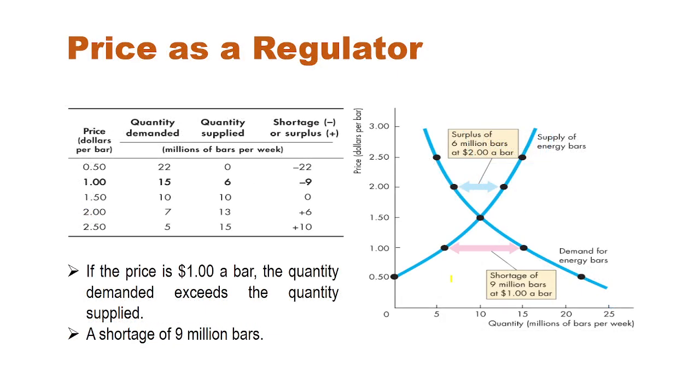In the next condition, we experience the vice versa, where the price decreases from $1.50 to $1. So the quantity demanded exceeds the quantity supplied, and we have excess demand, or a shortage, because the quantity demanded exceeds the quantity supplied.